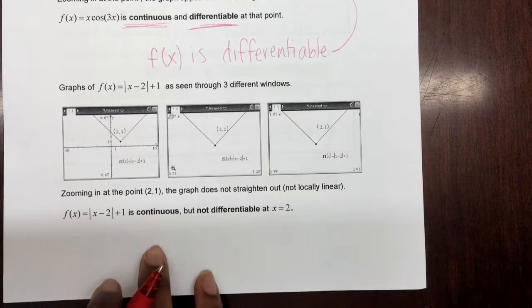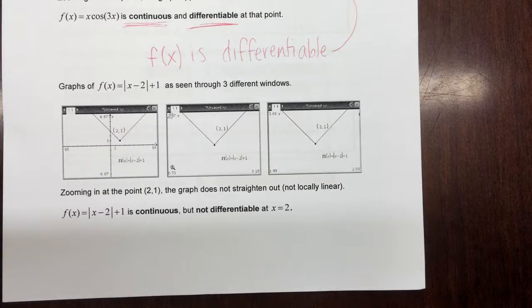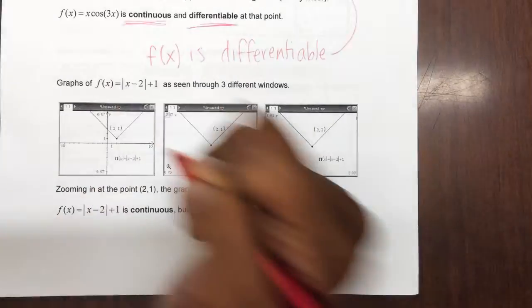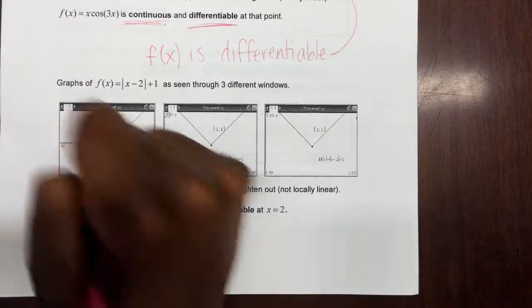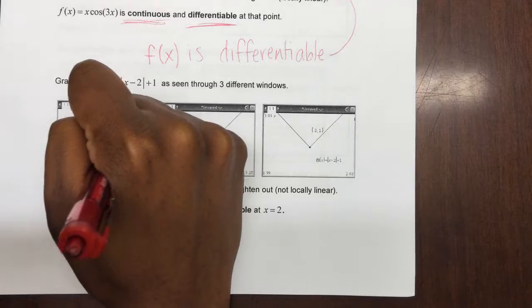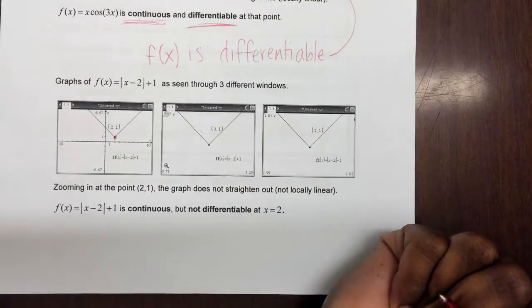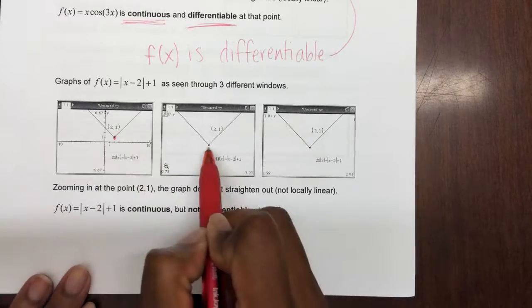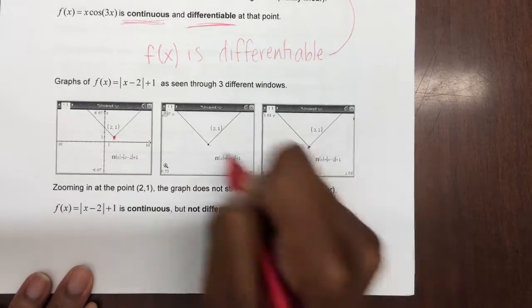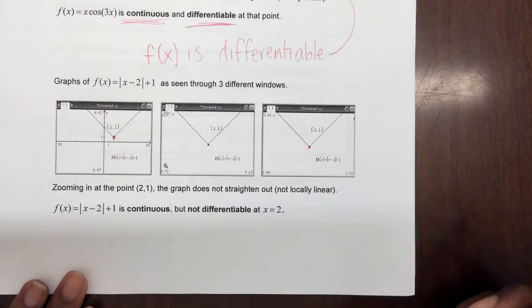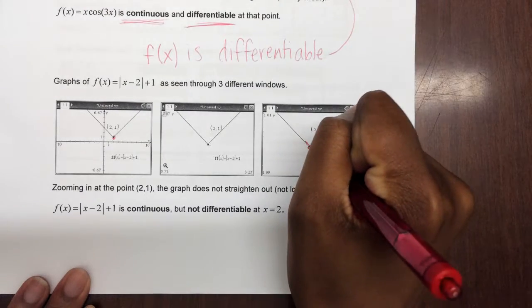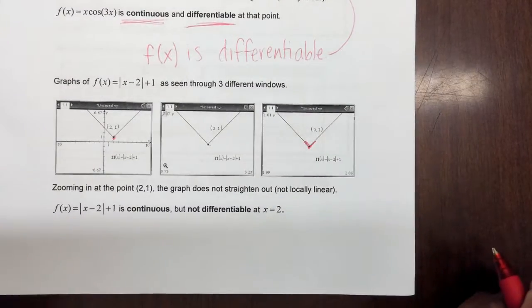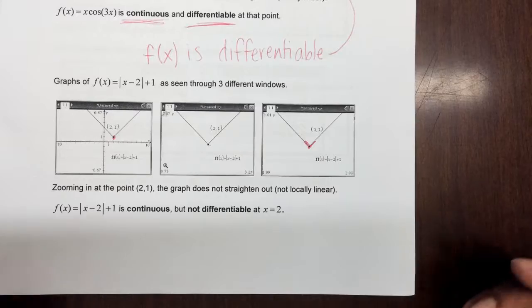So if we look at this next graph, if we want to see if f of x is differentiable at this point here, which is x equaling 2, it doesn't matter how close we zoom in, we will always see two lines, one going up to the left, one going up to the right.